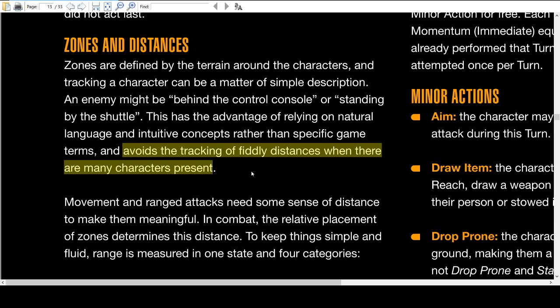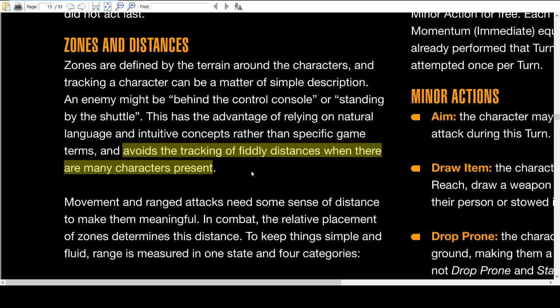This is definitely more theater of the mind based than compared to a grid, and I definitely favor combat systems that use theater of the mind more than grids, only because there's less things on the table that you have to use and put down just to make things clear.